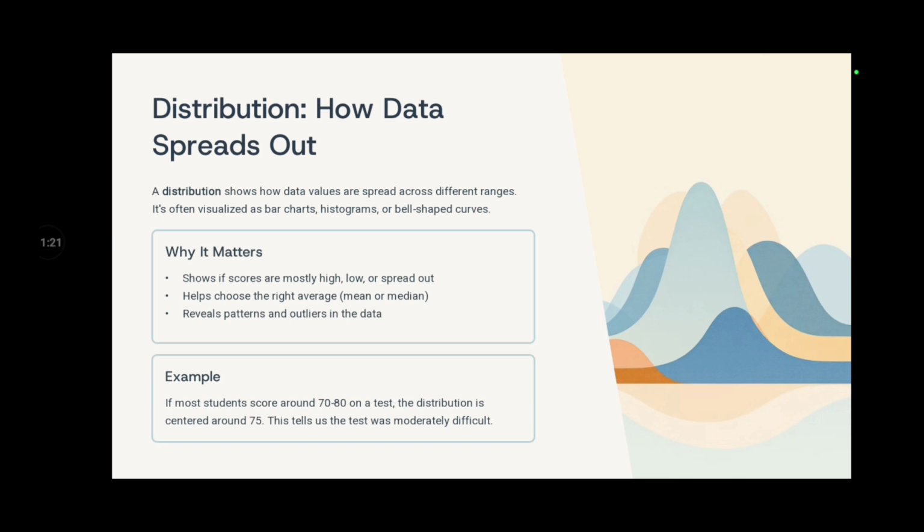Let's take an example. If most students score between 70 and 80 on a test, the distribution is centered around 75. This tells us that the test was moderately difficult. So this is how distribution works.